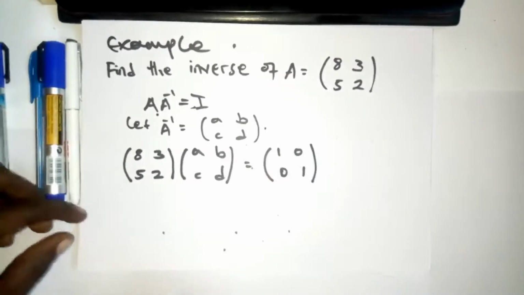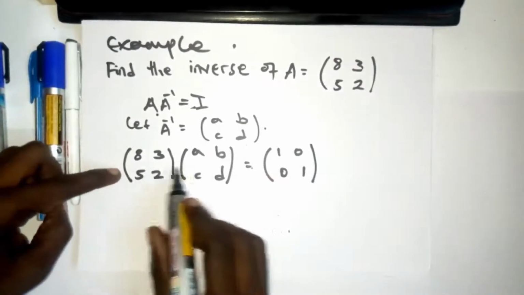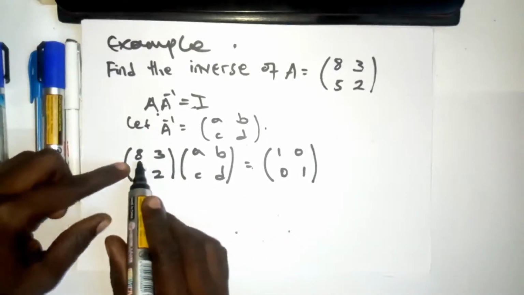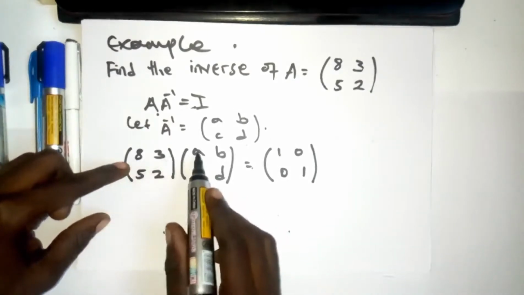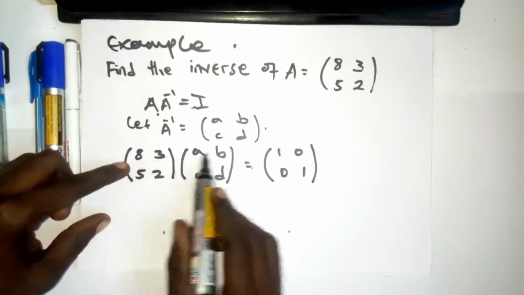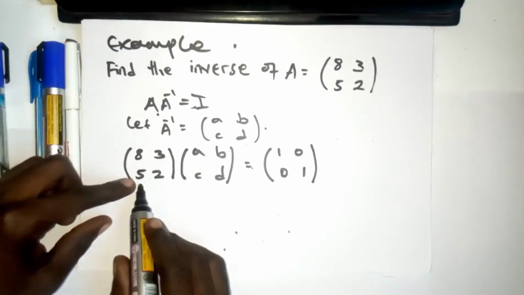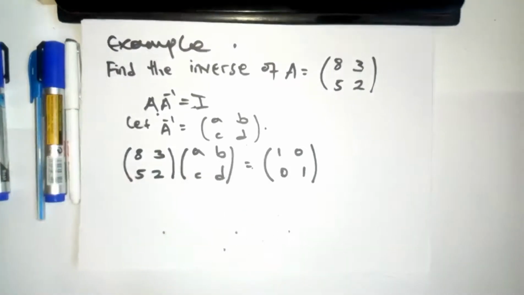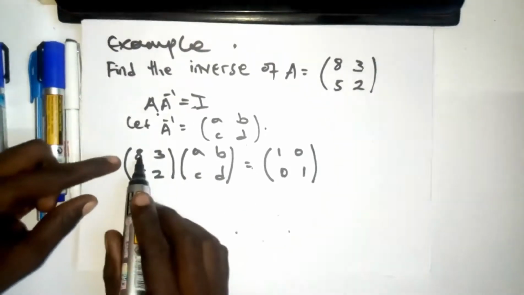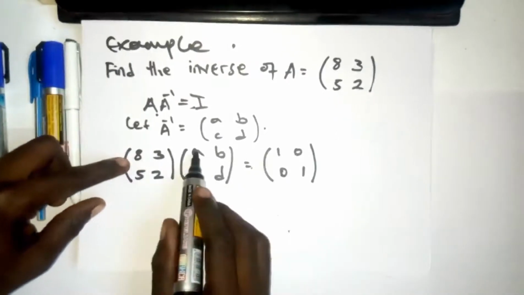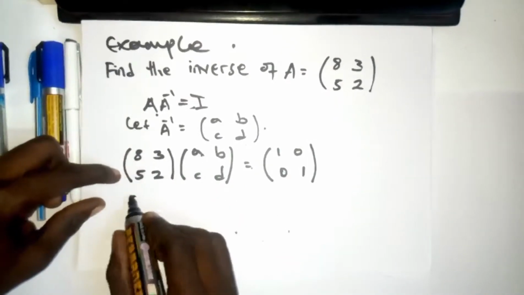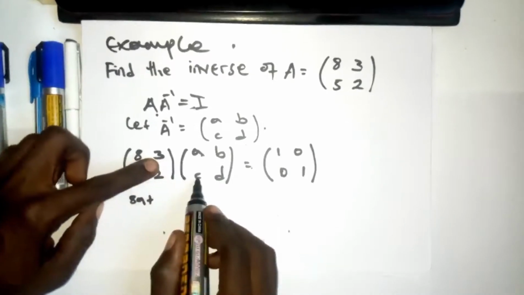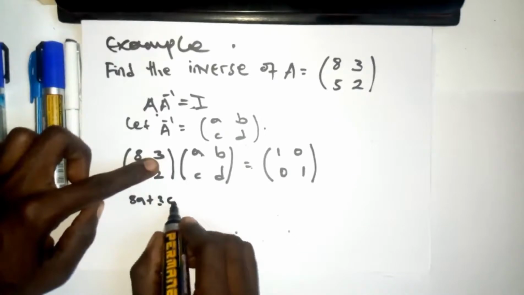So from here, I go ahead and do the usual matrix multiplication that we have been dealing with, which we said is the row multiplied by the column. You go down, this row multiplied by that column, and that is going to give us 8 multiplied by a, which is 8a, plus 3 multiplied by c, which gives us 3c.